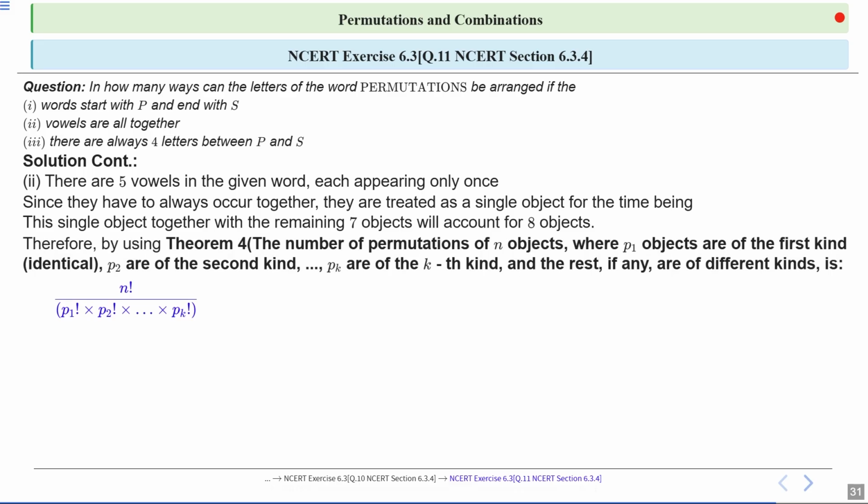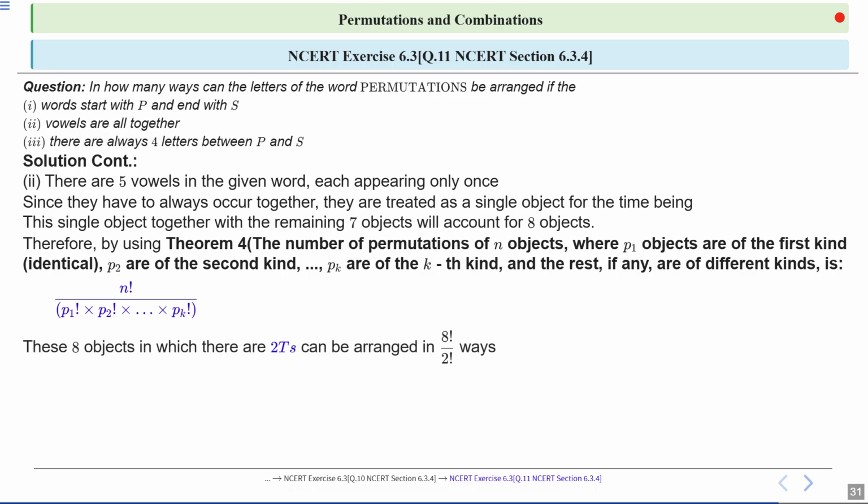Now using Theorem 4, which says the number of permutations of n objects where p1 objects are of the first kind, p2 are of the second kind, and pk are of the kth kind, and the rest, if any, are of different kinds, is n factorial upon p1 factorial into p2 factorial into ... pk factorial.